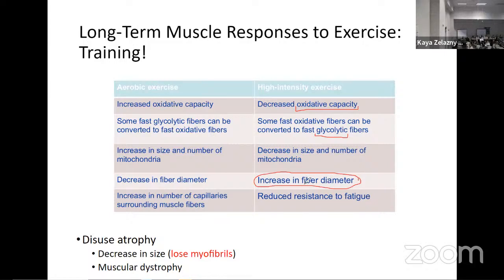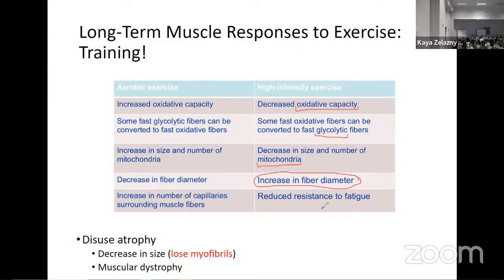It's even compressing blood vessels when we contract that strongly. So no point in having lots of oxidative capacity, which means we're also going to decrease our mitochondria because those are for oxidative phosphorylation. That's what they do. So you don't need them if you're just doing glycolysis.